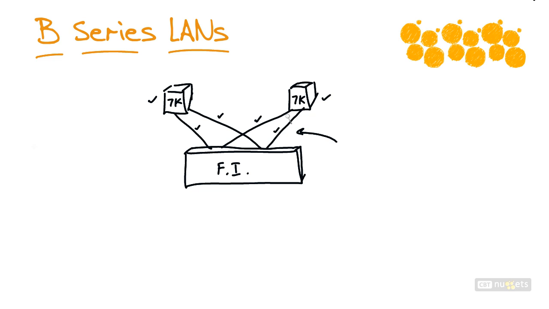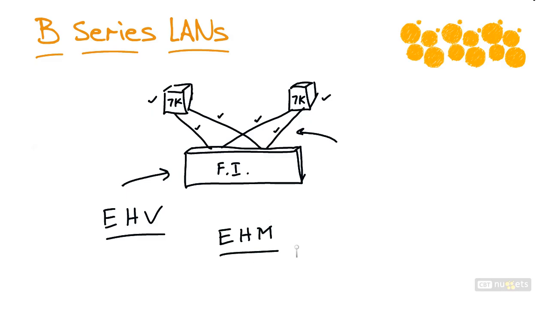And that is, by default, the Fabric Interconnect is operating in what we call EHV mode, or End Host Virtualizer mode. By the way, some literature will present this as end host mode. So you might see it either way, but the key terminology that does not change is end host.